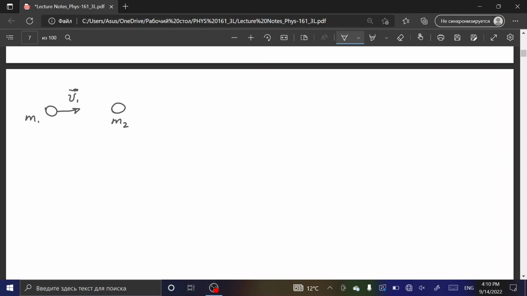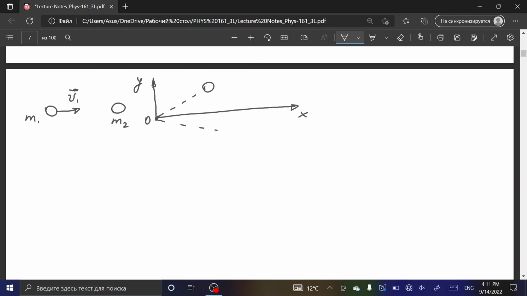So here we can draw a system of coordinates with axis x and y, and let's consider that the position where these two objects collide with each other is the origin of the system of coordinates. Then they start to move at some angles with respect to axis x.